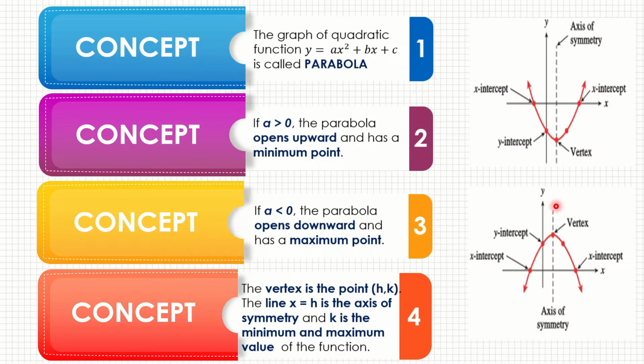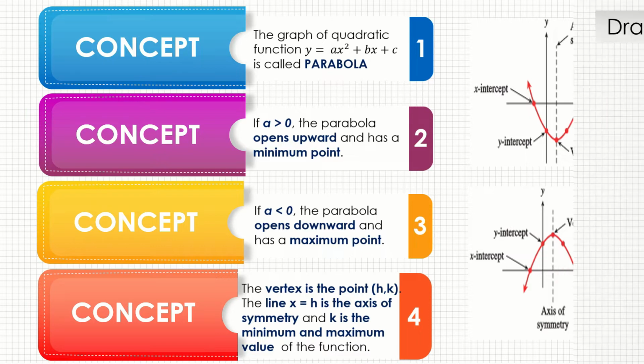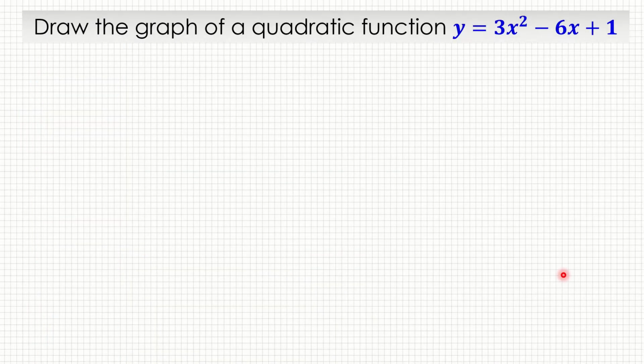Now, if our a is less than 0 or negative, then the parabola opens downward, wherein the vertex is the maximum point and this one is the axis of symmetry, since it divides the parabola into equal parts.